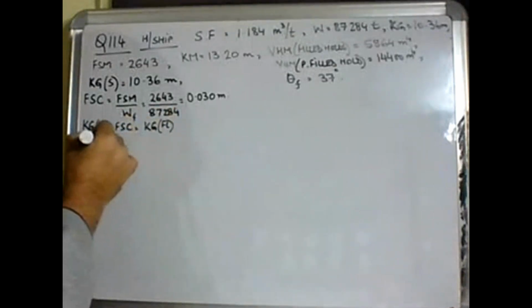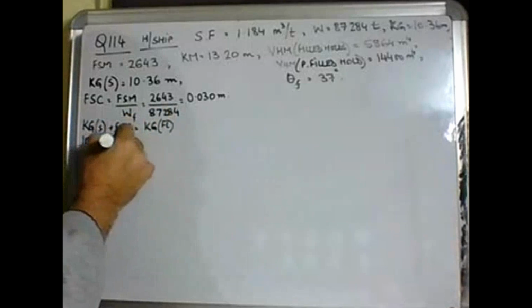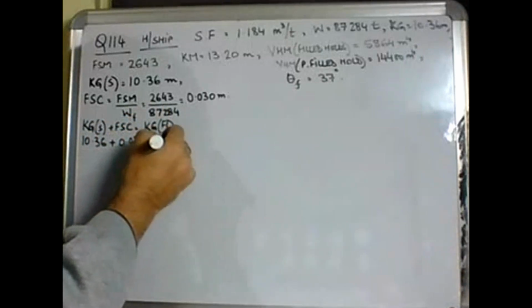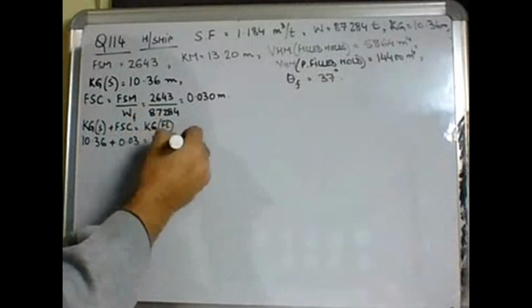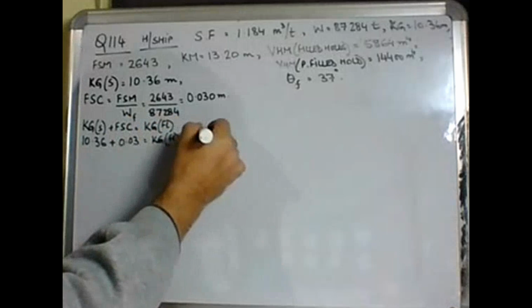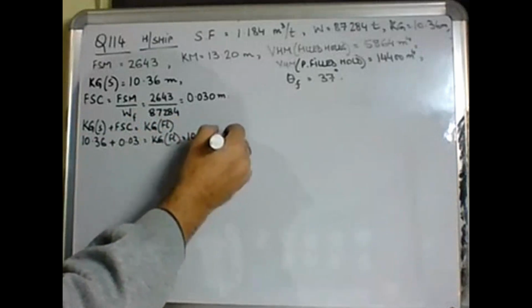So 10.36 plus 0.03 gives us KG fluid equal to 10.390 meters.